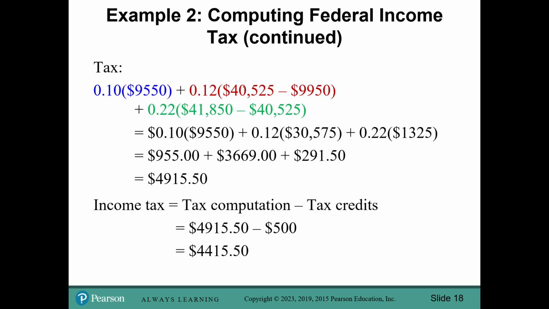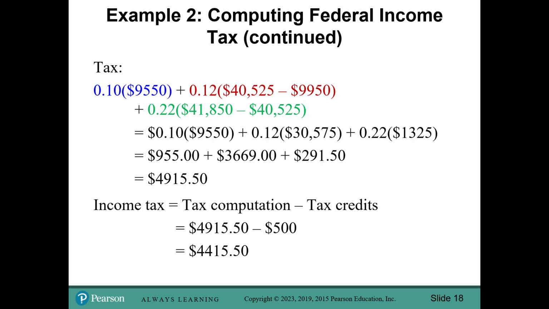The way we figure out what's between there is we subtract those two numbers, and that amount is taxed at that 12%. Then our person made $41,850. Now he's only taxed on the rate above that $40,525 at that 22%. So we take what he made and subtract that $40,525, and we multiply that by the 22%.